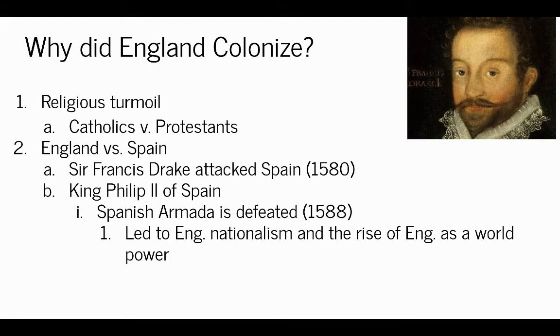And that really set up in England this turmoil, this fighting, if you will, between Catholics and Protestants. Now, keep in mind, King Henry VIII did create his own church, the Church of England, also known as the Anglican Church, which added to this religious turmoil, because whatever the king was for religion, that's what the country was supposed to be.